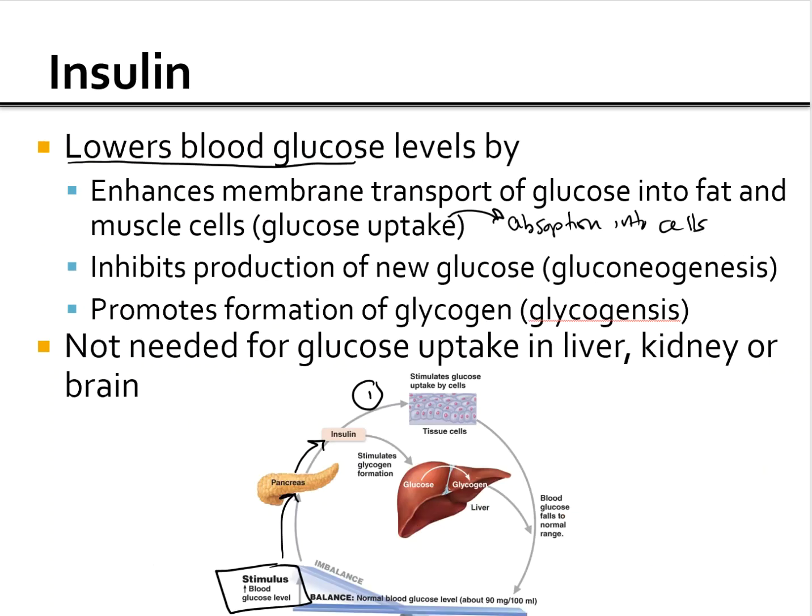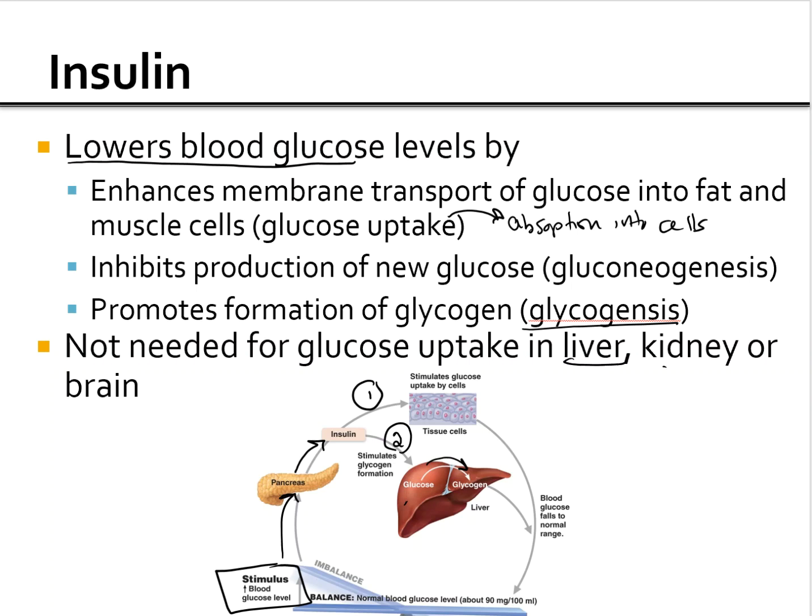We're trying to decrease our blood glucose levels. Okay. But what it will do in the liver is it will take that excess glucose and it will form glycogen in a process called glycogenesis.